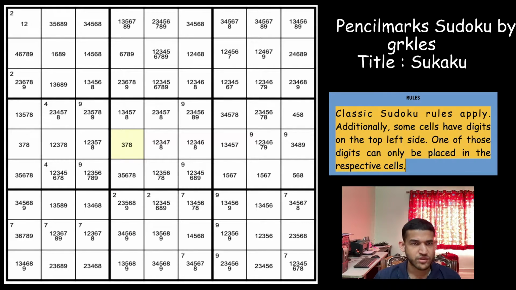So do we have something with the 4s here? 4 is in this cell in column 1. 4 is in this cell and this cell. 3 cells. I don't think there is something there.